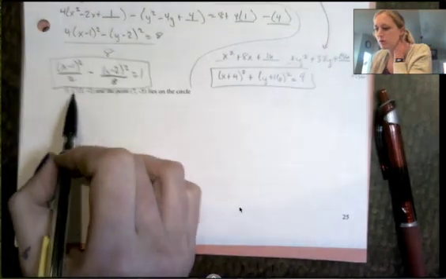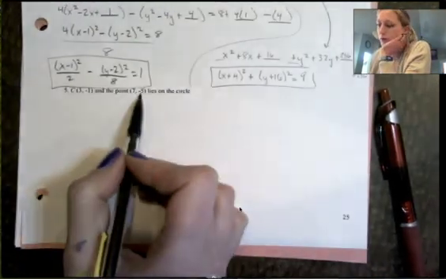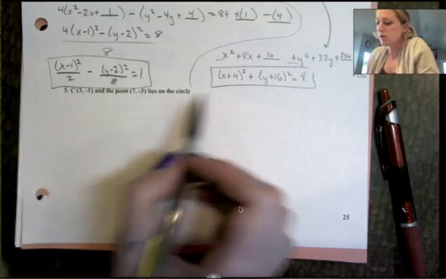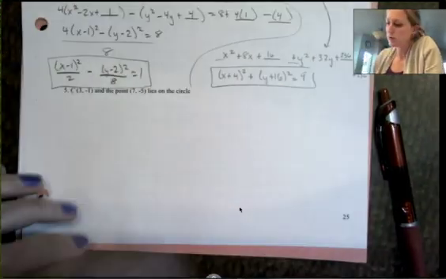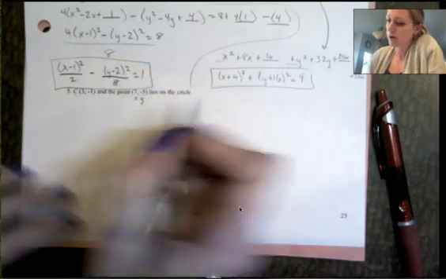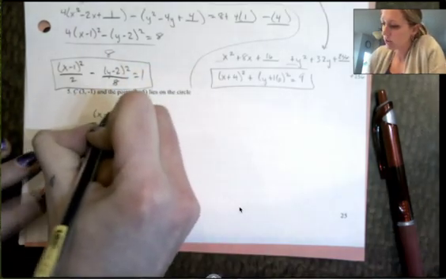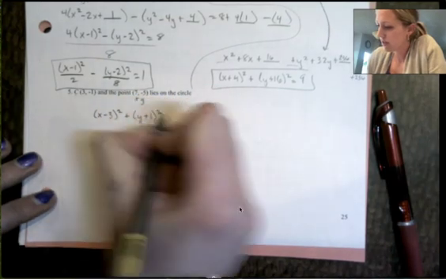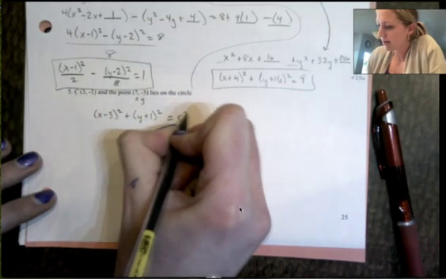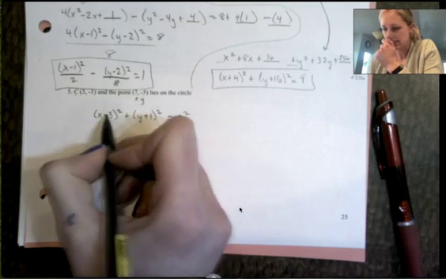Okay, last one, we are given the center of a circle and a point on the circle. And we want to write the equation so it looks like this. So we know the center, and we know an additional x and y coordinate. So we're going to do x minus 3 squared plus y plus 1 squared equals r squared, but we're going to go ahead and plug this x and this y in.